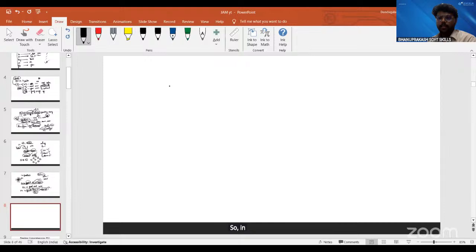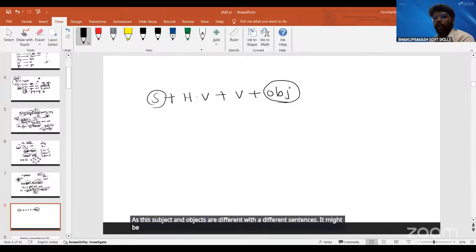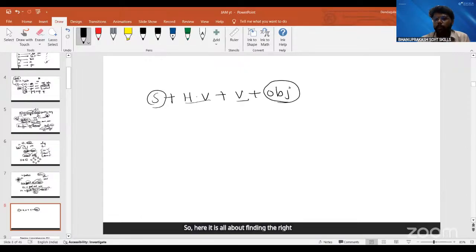In every tense, we use the same formula, the sentence formula that I have shown you previously: subject plus helping verb plus verb form plus object. The subject and object differ with different sentences; it might be any pronoun or noun or other thing. So here it is all about finding the right helping verb and the right verb form.